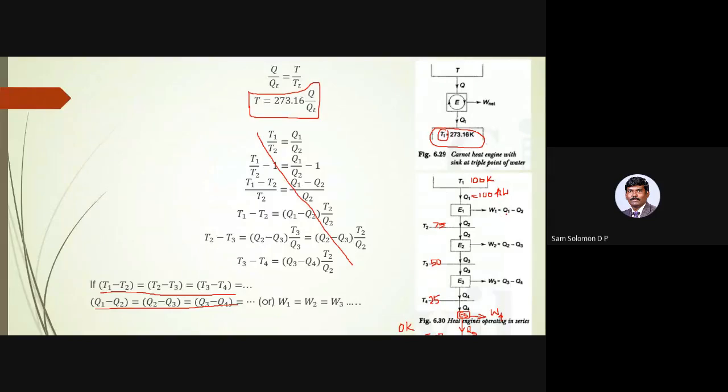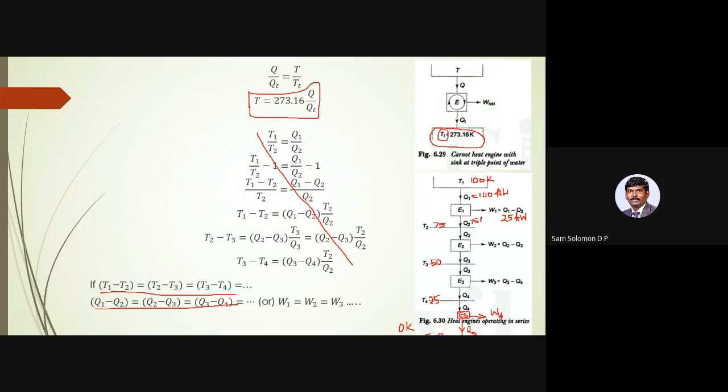Okay, and let me assume all these engines are going to deliver 25 kilowatt of work. Okay, so if Q1 amount of heat is supplied, say 100 is supplied, and 25 is getting converted into work, the amount of heat rejected will be 75. So Q2 will be 75 kilowatts.